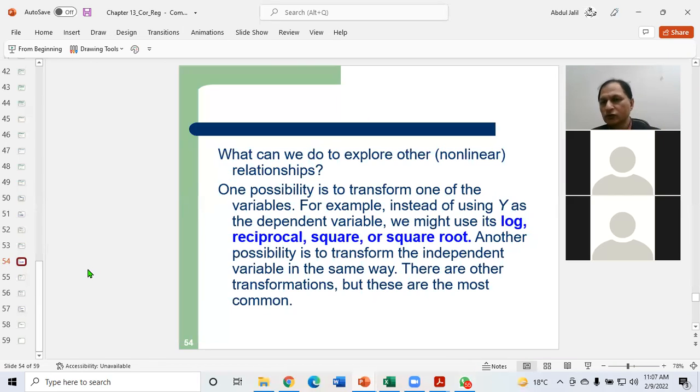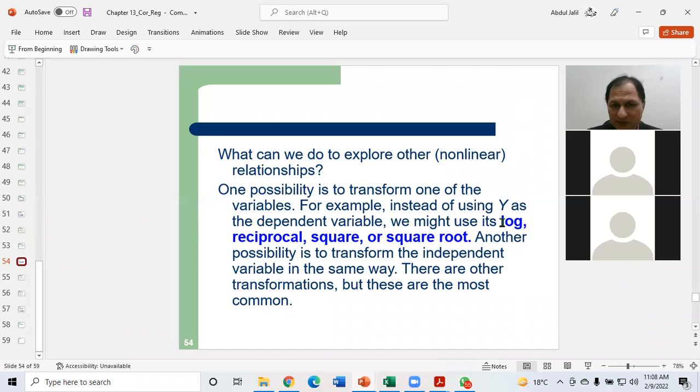Therefore, whenever you take log and then run your regression, the most benefit is that you are capable of applying linear regression and generating results, and then you can take the anti-log, and ultimately you can have a more clear-cut interpretation of that relationship, or you can say the trend of that relationship.